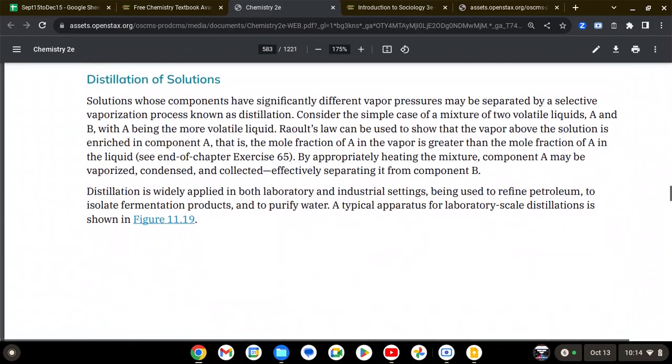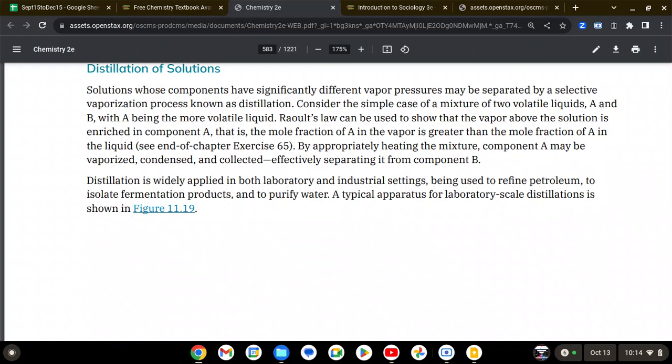Distillation of solutions. Solutions whose components have significantly different vapor pressures may be separated by a selective vaporization process known as distillation. Consider the simple case of a mixture of two volatile liquids, A and B, with A being the more volatile liquid. Raoult's law can be used to show that the vapor above the solution is enriched in component A, that is, the mole fraction of A in the vapor is greater than the mole fraction of A in the liquid.